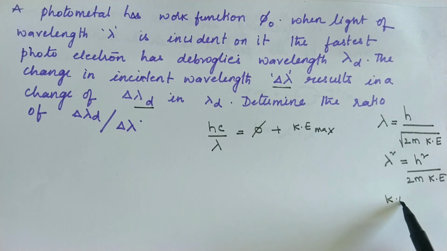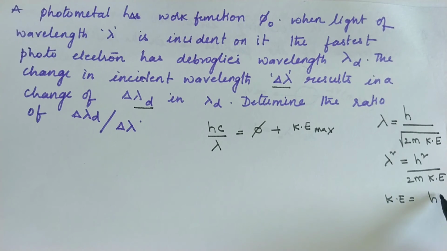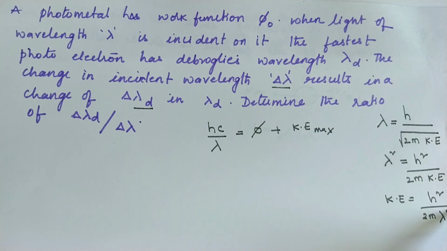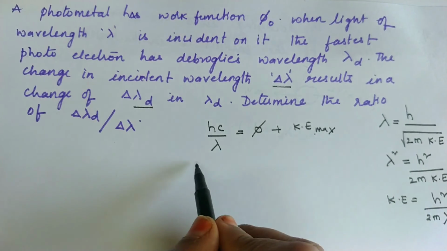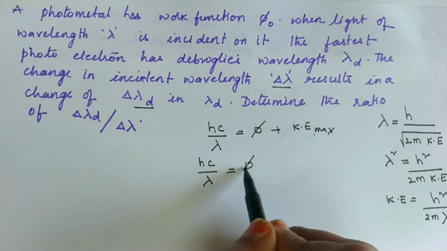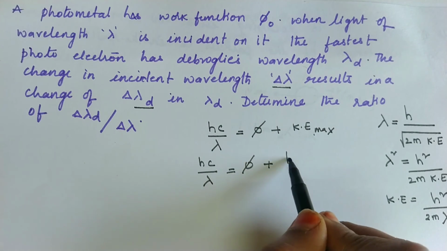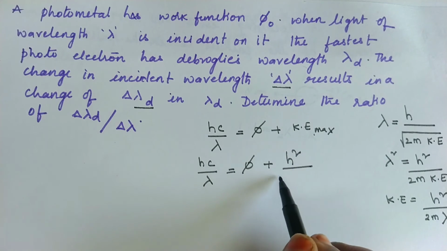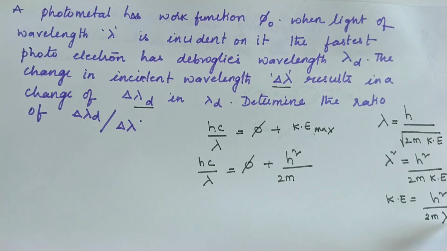This implies the maximum kinetic energy equals h square by 2m lambda square. Substitute that in this relation: hc by lambda equals work function, a constant, plus h square by 2m into, I'll call this de Broglie wavelength as lambda d.